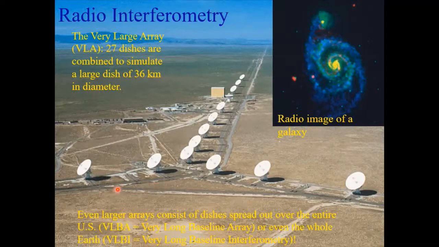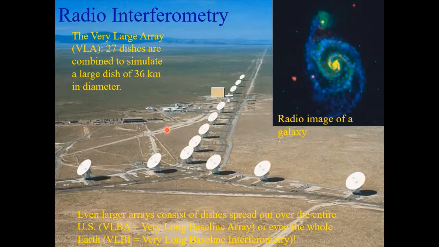Notice you might be able to see in some of these pictures cars on the road here, but these are large dishes, and they can be combined electronically to simulate a single radio telescope dish that's 36 kilometers in diameter. That's about 20 miles. So these dishes can be moved apart a total distance of something like 20 miles.